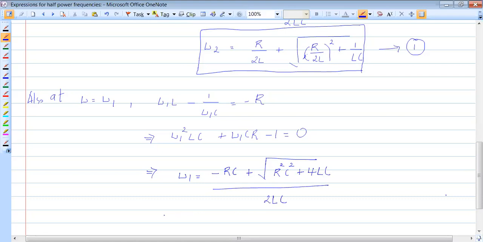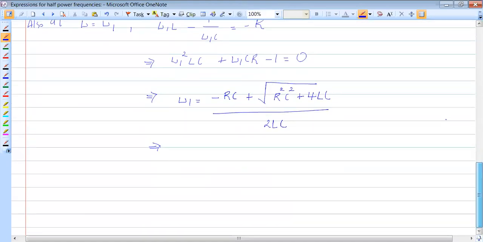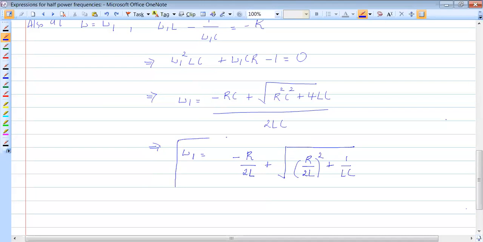A is the same here. So our omega 1 would be minus R by 2L plus square root of R by 2L whole squared plus 1 by LC. This is the equation for omega 1.